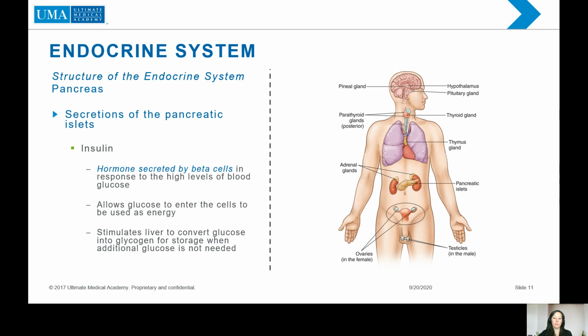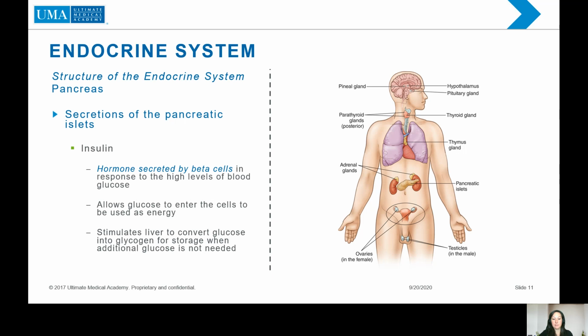It's going to allow the glucose to enter the cells to be used as energy. So, instead of it just sitting there and turning into fat, it's going to say you need more energy. And the insulin is going to push that glucose to be turned into energy.